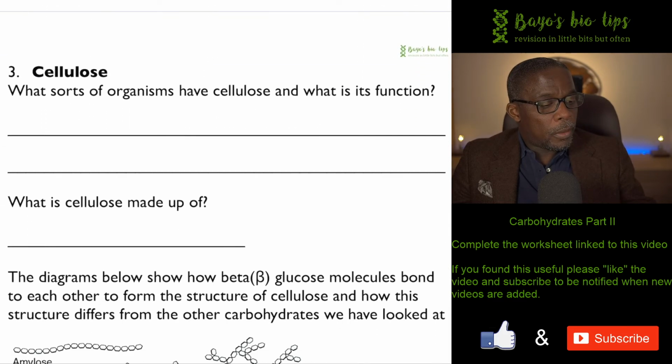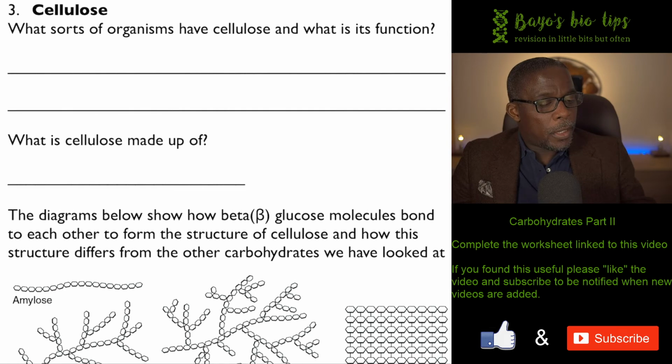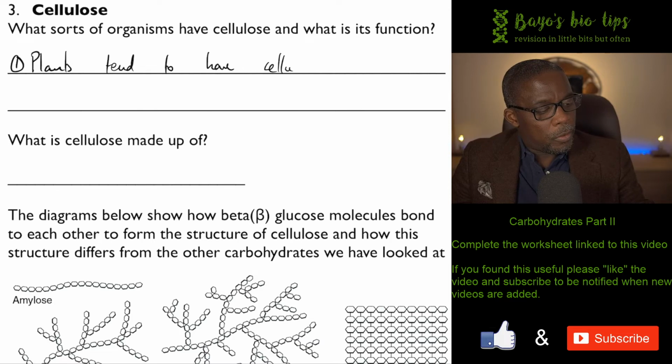And then, as I said earlier in this video, we would conclude by looking at cellulose. So what is cellulose? What sorts of organisms have cellulose and what is its function? So number one, animals do not have cellulose. So plants tend to have cellulose.